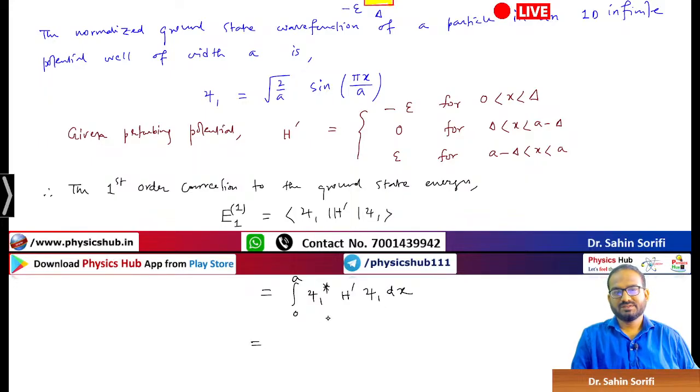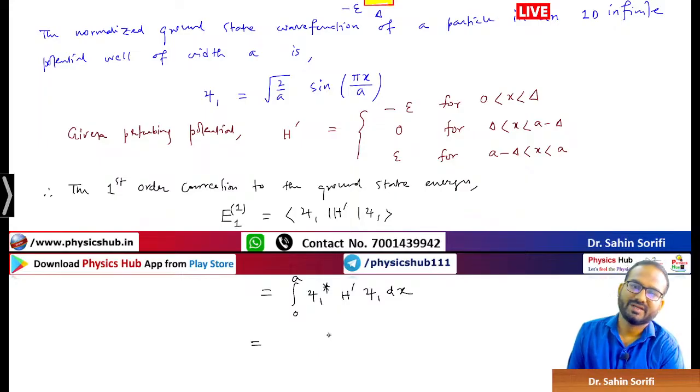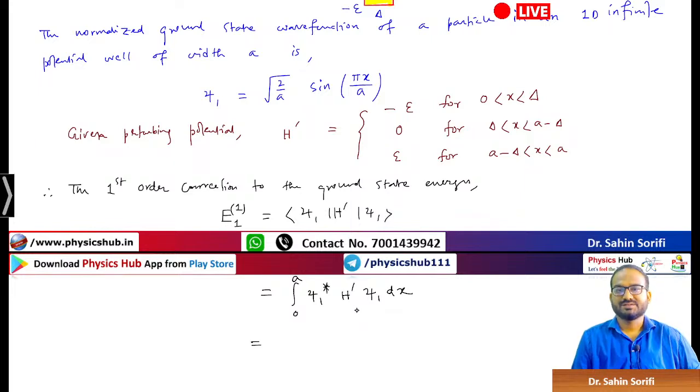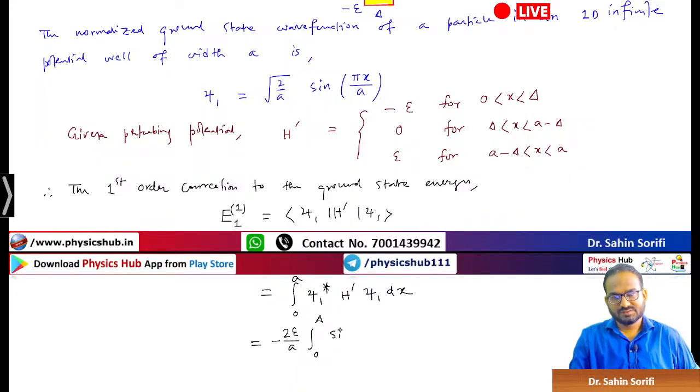Now psi 1 star psi 1 is the square of this, so 2 by A sin square pi x by A. Now H prime's value changes depending on the range. Between 0 and delta it is minus epsilon, so this becomes minus 2 epsilon by A sin square pi x by A dx.